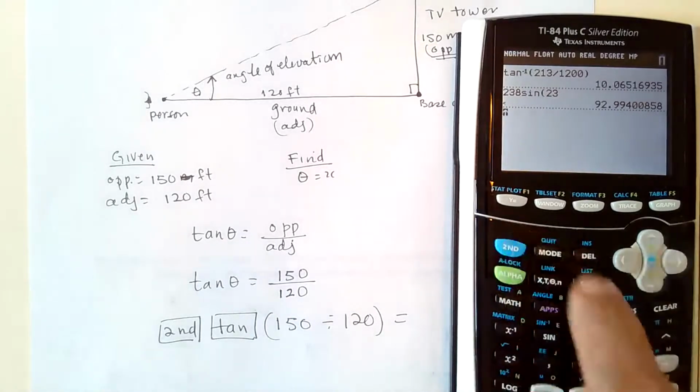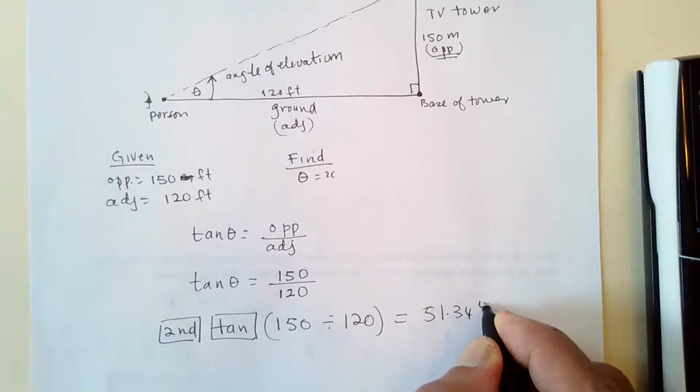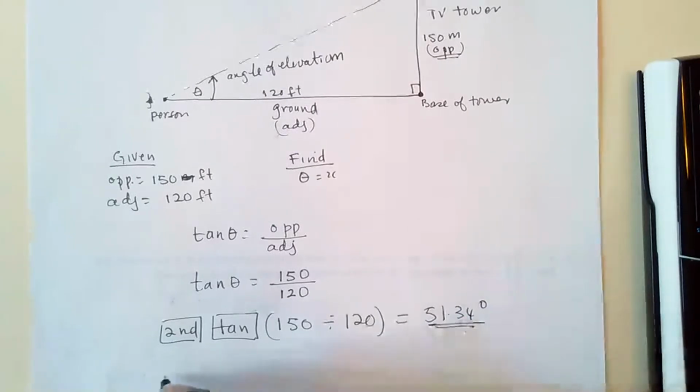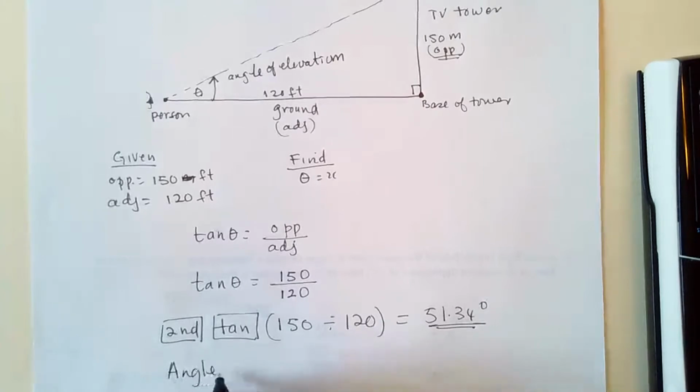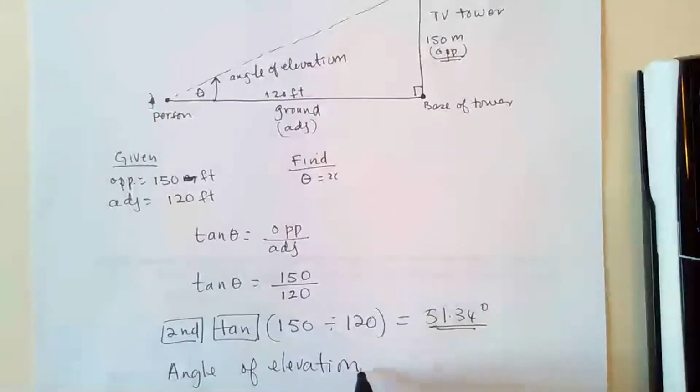That gives me an angle of elevation of 51 degrees. So that's the angle of elevation.